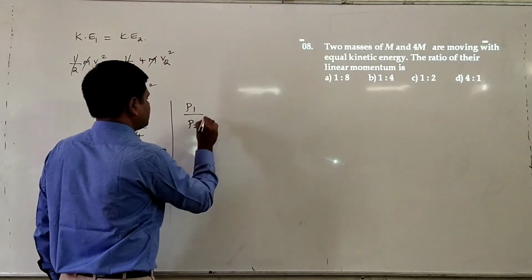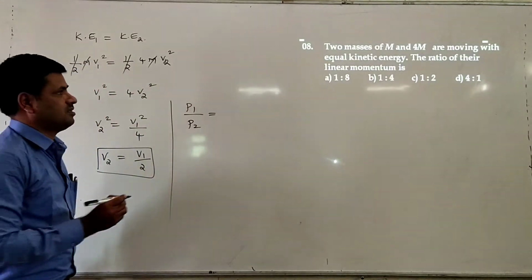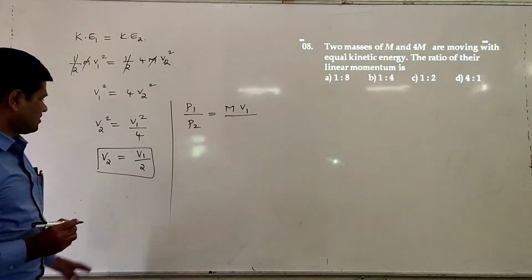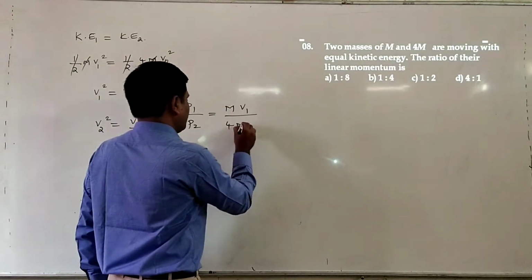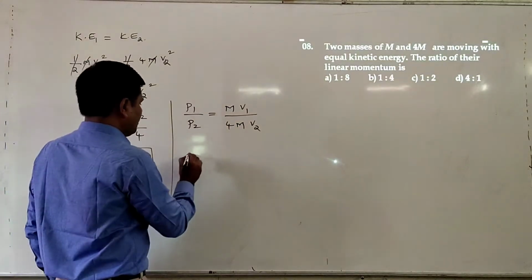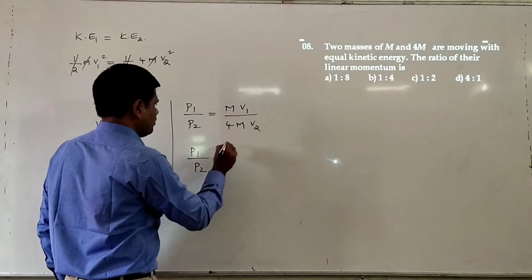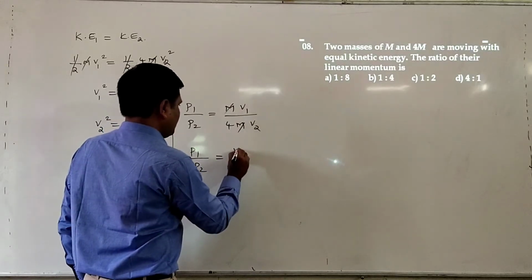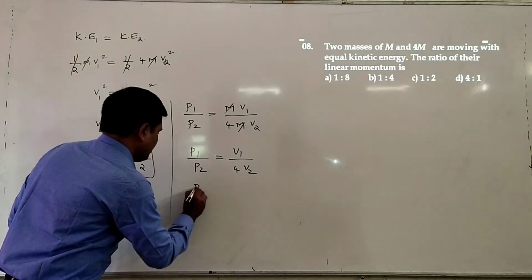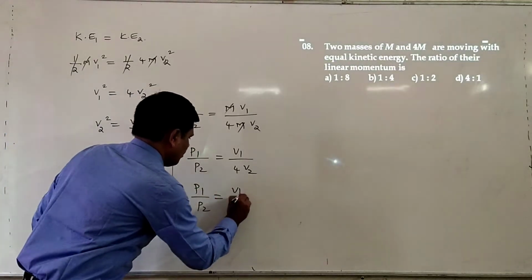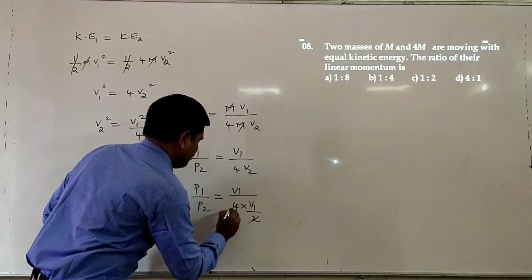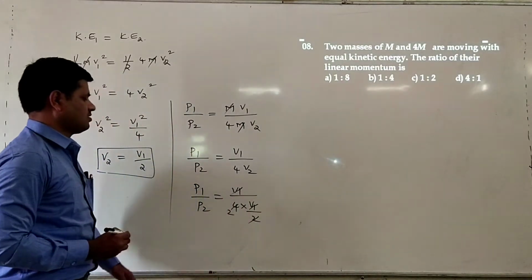The general formula is mass into velocity. First mass is m, velocity is v1. Second mass is 4m, velocity is v2. From this, p1 by p2 is equal to m v1 by 4m v2; m gets cancelled, so v1 by 4 v2. But v2 is equal to v1 by 2, so it is v1 by 4 into v1 by 2. The v1 also gets cancelled.